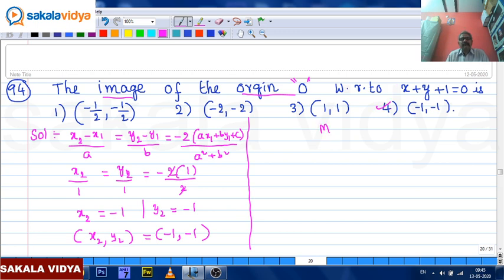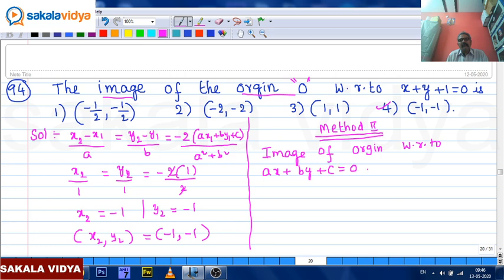Method 2. The image of the origin with respect to ax plus by plus c equals 0 is minus 2ac by a square plus b square comma minus 2bc by a square plus b square.